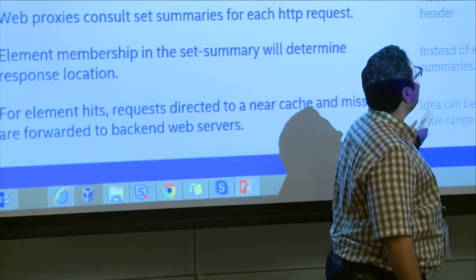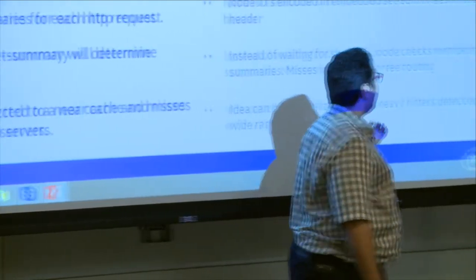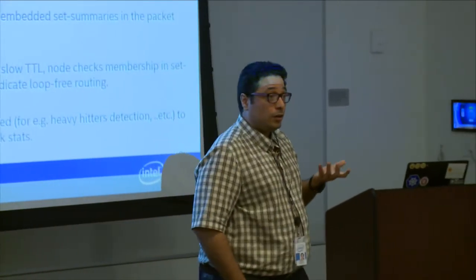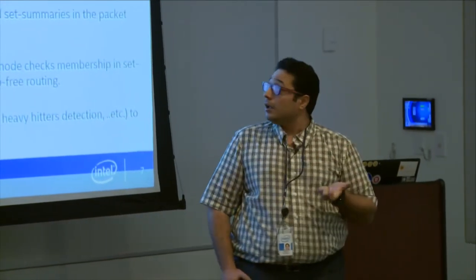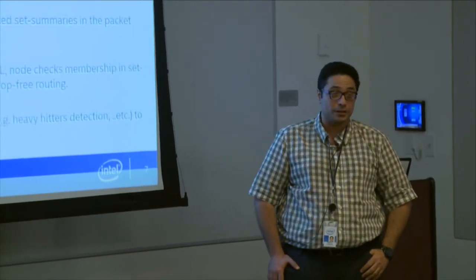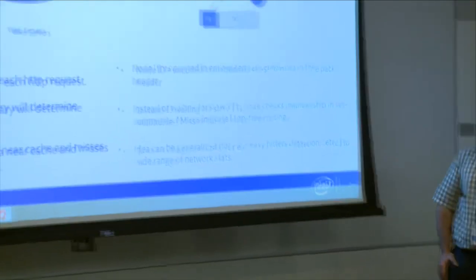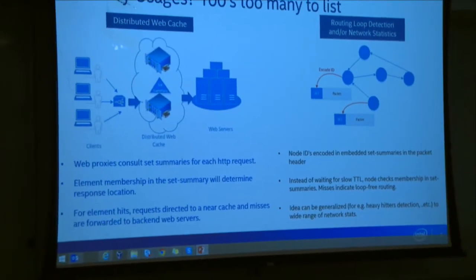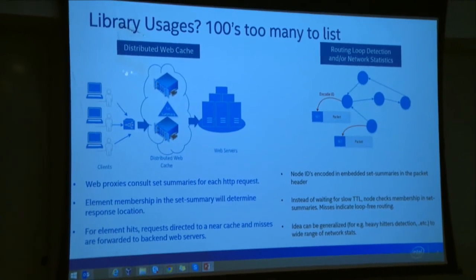The right-hand side example is using the set summary to solve a problem that is very well known in routing, which is detecting loops. In that example, the set summary itself is stored in the packet header. The idea here is that each node is checking whether it is a member in that header or not.